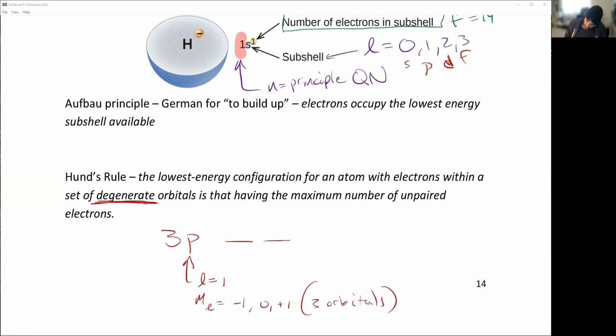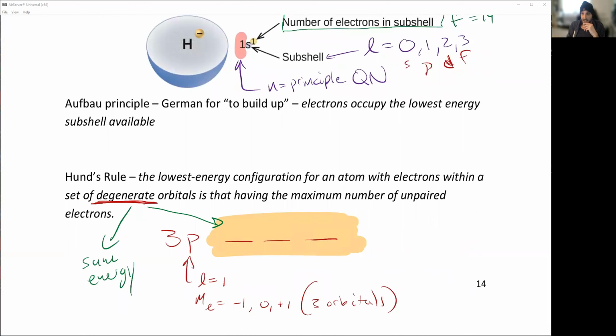So for my 3p, I have 3 orbitals. These are what we call degenerate. Degenerate is just a fancy word for saying these are the same energy. They're degenerate, they all are the same exact energy.